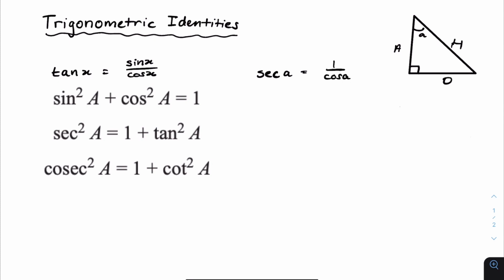And consequently, I'm going to say what cosecant and cotangent are since we're on that subject. Cosecant A is equal to 1 over sine A. And cotangent, or cotan, A is equal to 1 over tan A. So I know it may seem counterintuitive considering S for sine, but it's still cos at the bottom over here.